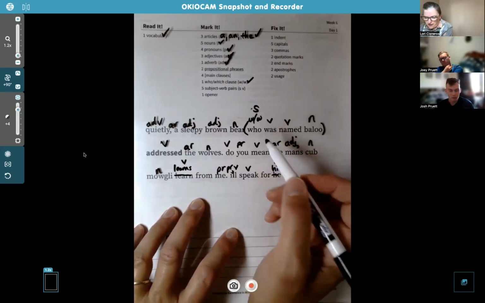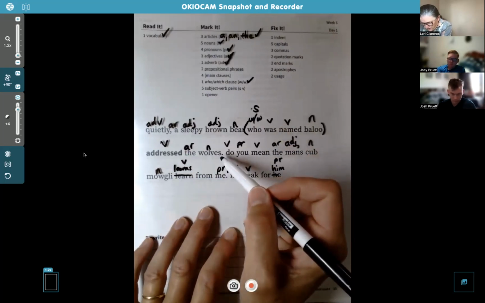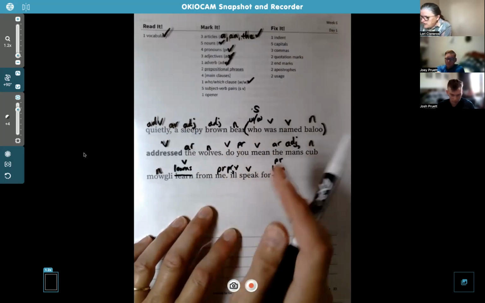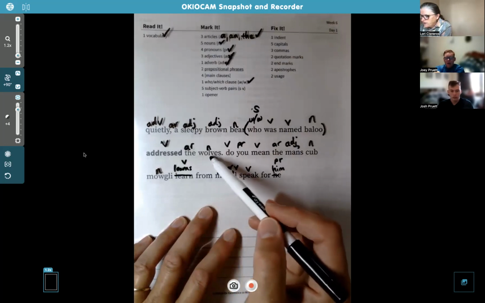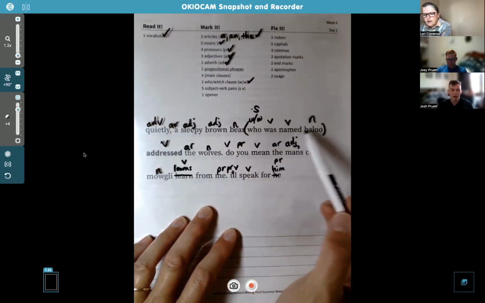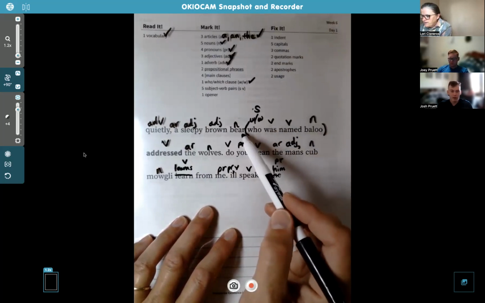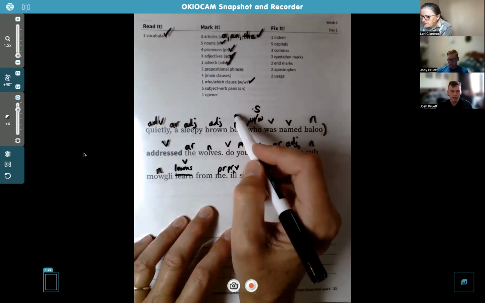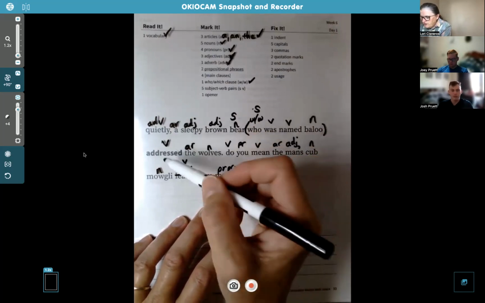So who, I'll give you that one. Wolves. No, look at the whole sentence. Take out who for a second. So quietly a sleepy brown bear addressed the wolves. If you ask who addressed the wolves, Baloo addressed the wolves. No, take out that. Well, it was Baloo, but if we take out the who clause, the brown bear, just bear. The bear. Yes. Bear addressed the wolves.